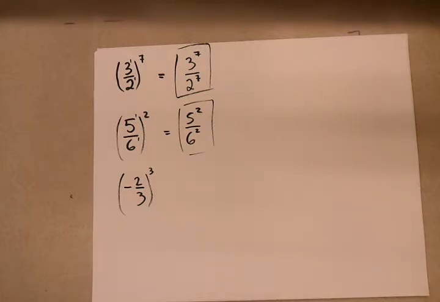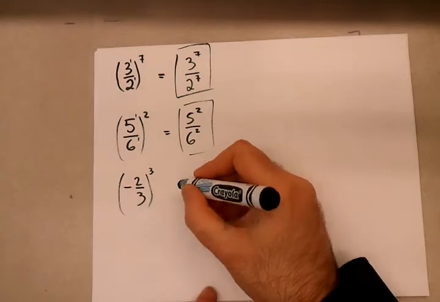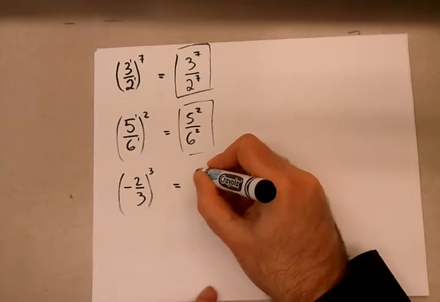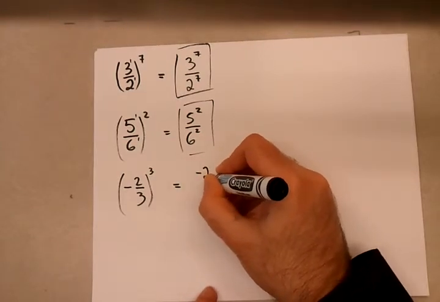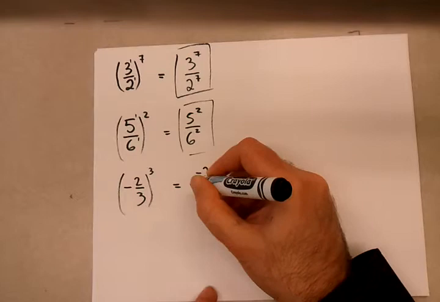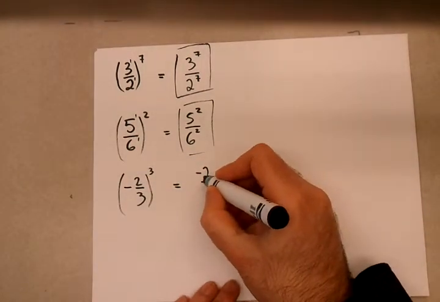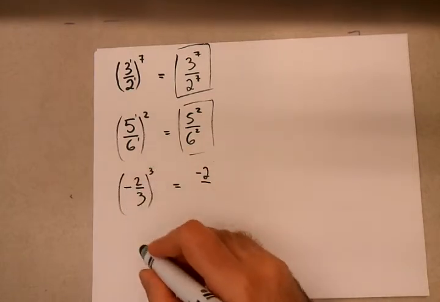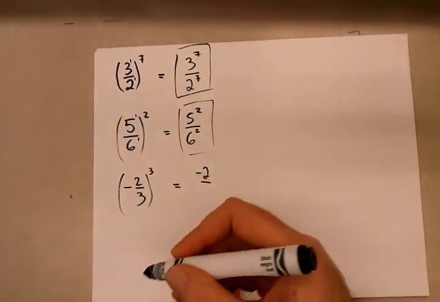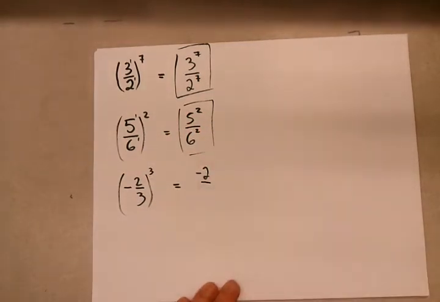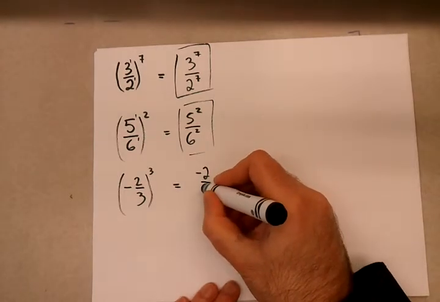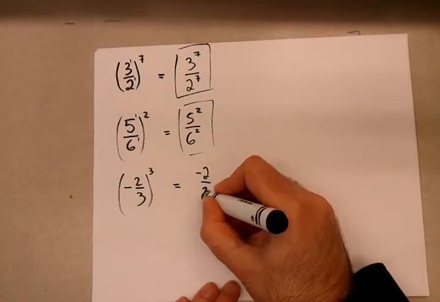In reality, it makes no difference, but the convention is to write the negative with the numerator if you have to choose. So again, a lot of times it's left in the middle, but you have to choose which one to apply to, because it doesn't apply to both per se. It's not a -2 over a -3. It's a -2 over 3. But you have to choose to apply to one, you apply it to the numerator.